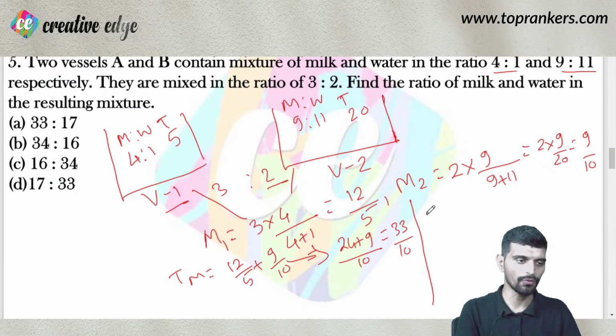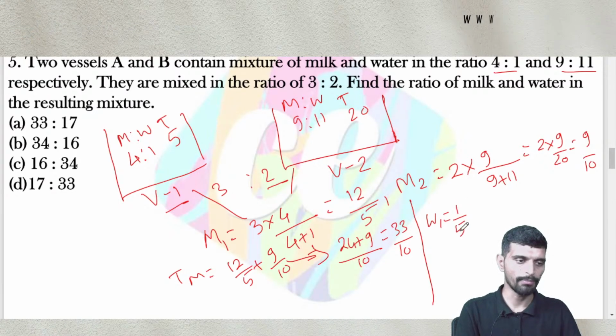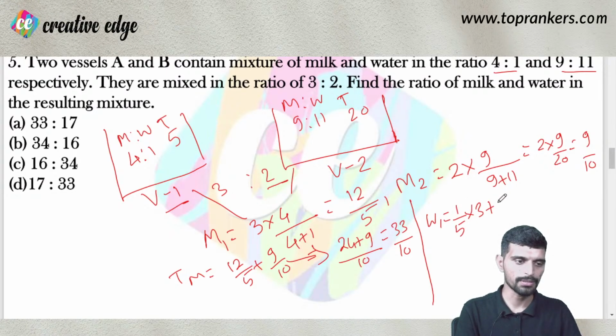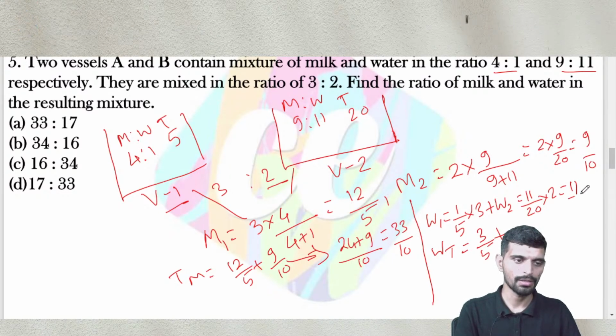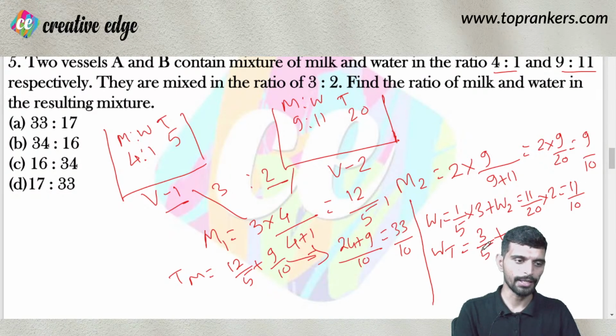Similarly, we can calculate for water. Water in mixture 1 is 1 by 5 into 3 plus water in 2 is 11 by 20 into 2. So the total water will be 3 by 5 plus 11 by 10, that is 17 by 10.